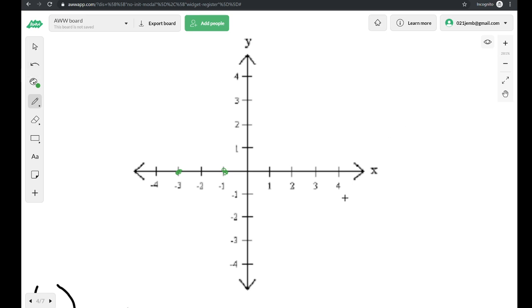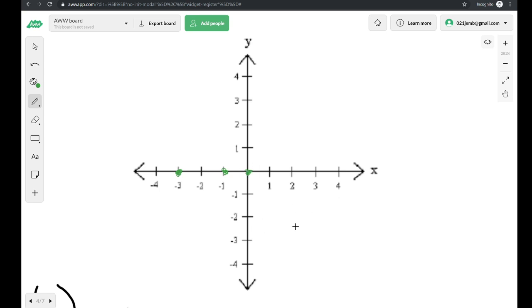We know that the critical points are going to be at negative 1 and negative 3. The zeros are at negative 3 and 0 itself.